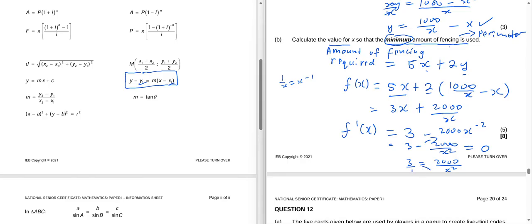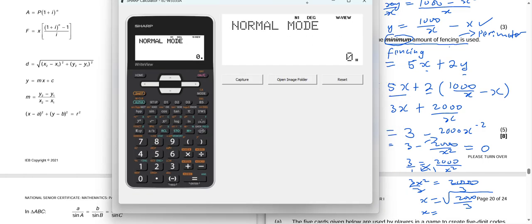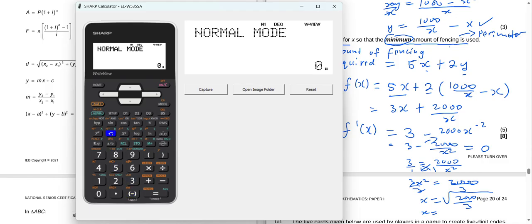We can cross multiply. So we have 3x squared is equals to 2000, divided by 3 on both sides. x is equals to the square root of 2000 divided by 3. So x is equals to what? Let's bring the calculator. x is equals to the square root of 2000 divided by 3.